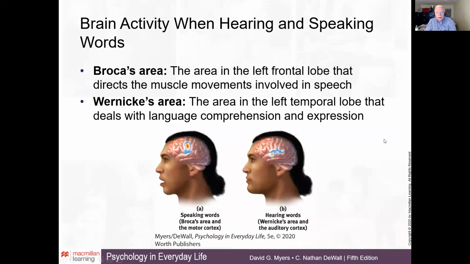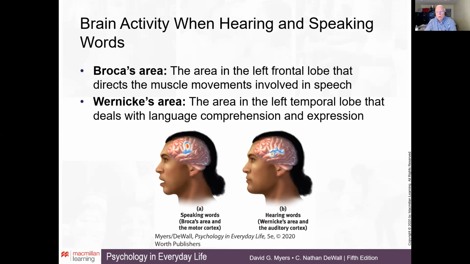We also have areas in our brain associated with language and speech. One of these is Broca's area in the frontal lobe of the brain and Wernicke's area in the temporal lobe area of the brain. Broca's area helps us to be able to say words, and Wernicke's area helps us to be able to understand what is being said to us and to put words together in sentences that make sense.